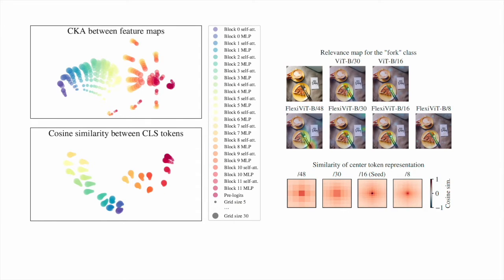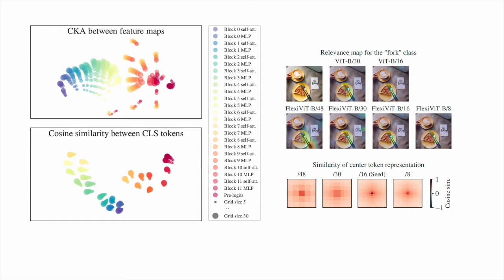Here, the authors ask the question of whether FlexiViT processes inputs with different patch sizes in a similar way. To do this, they analyze FlexiViT's internal representations. On the top left figure, we look at centered kernel alignment, and we see the different colors representing the different blocks in FlexiViT, and the dot size represents the grid size.